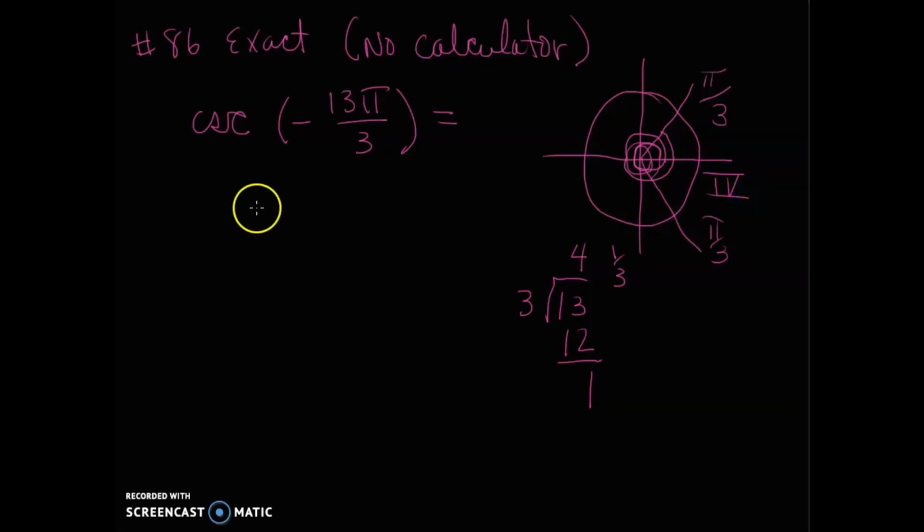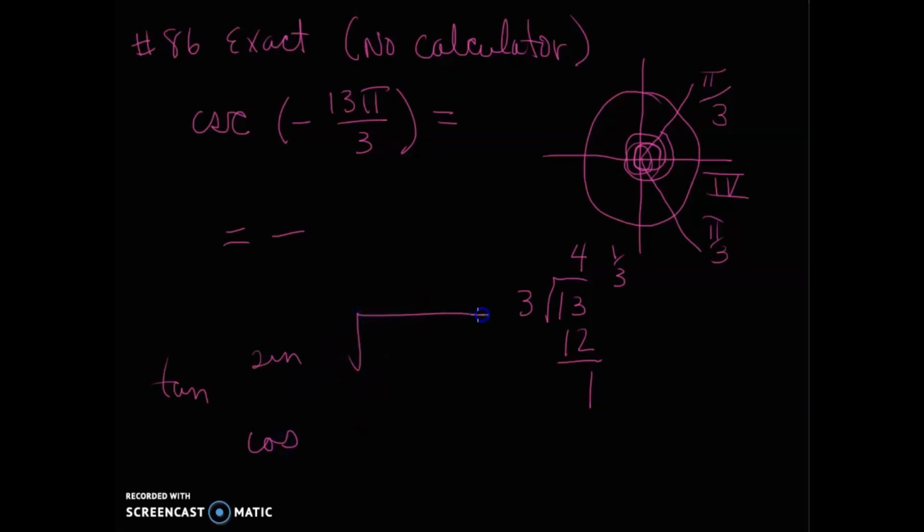The cosecant is negative in that quadrant. And pi over 3, let's see, the tangent is sine over cosine, and we need the cosecant, right?